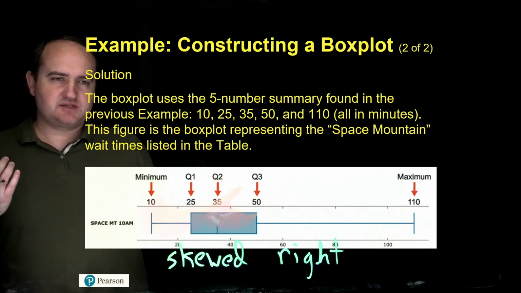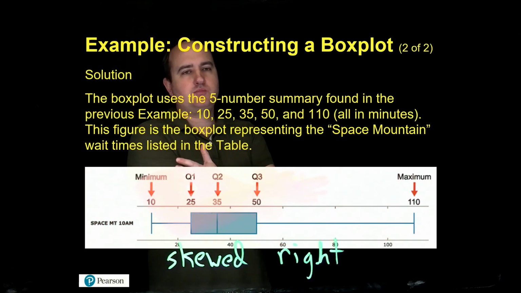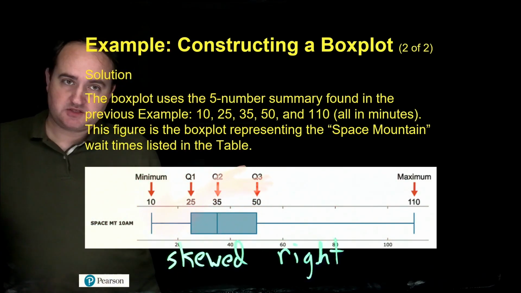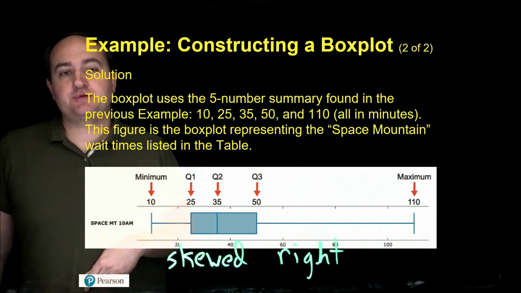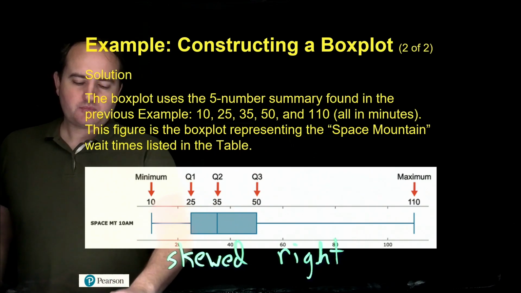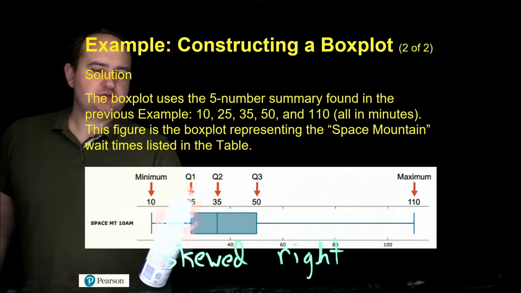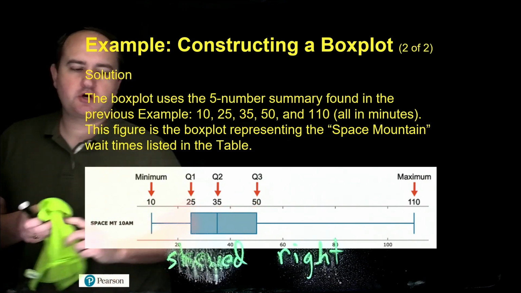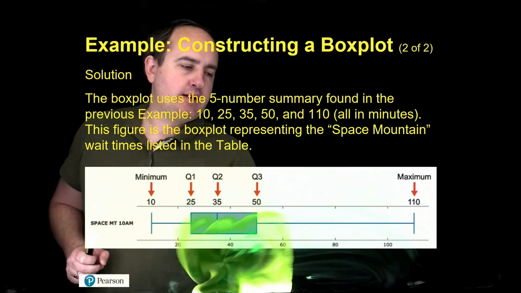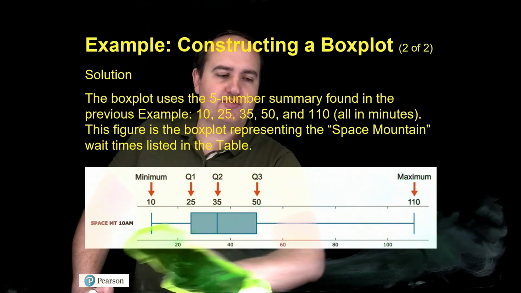And obviously, if we flip this entire picture around as a mirror image, then it would be skewed left. If the tail on the left is longer than the tail on the right, we would say it's skewed left. But that's a topic we've already talked about before, skewness. We're just returning to it now because we are seeing a new type of graph.